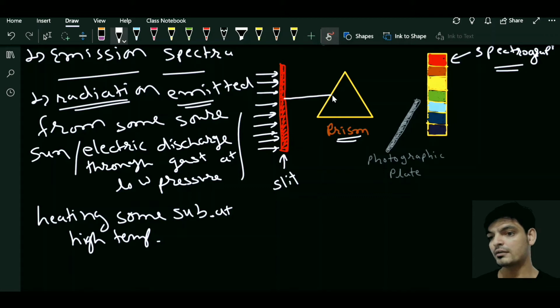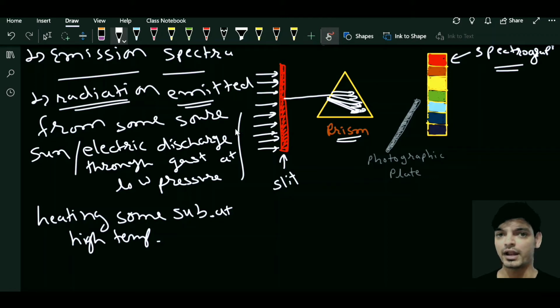When we pass it through the prism, the electromagnetic radiation's dispersion will occur. We can also use a diffraction grating instead of a prism.